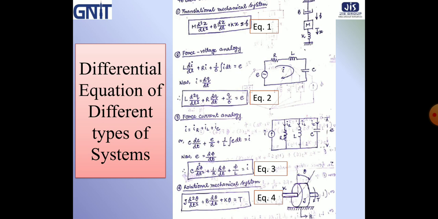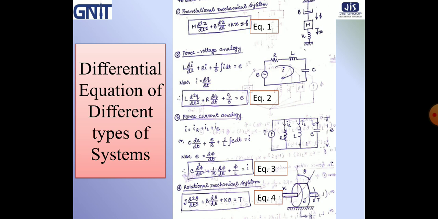So comparing equation 1 and 2, they are two differential equations, but they are mathematically identical. You can see that the two equations are mathematically identical, but the parameters are different.